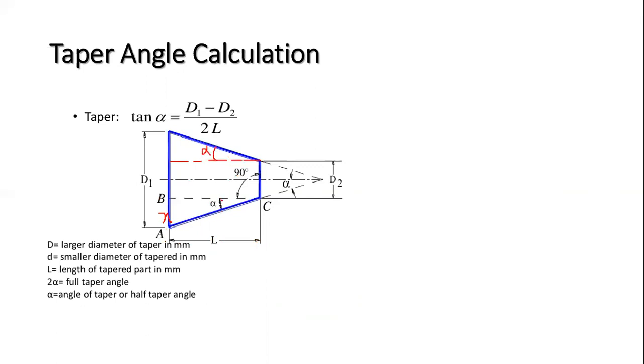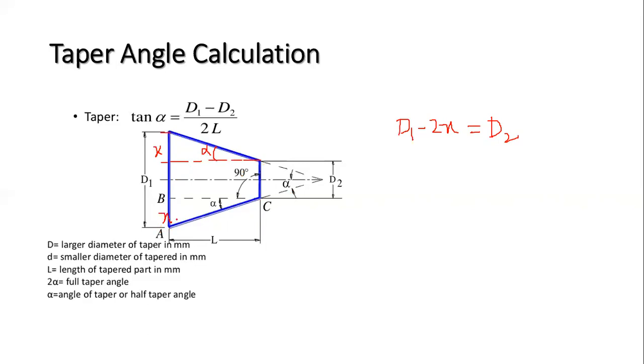So this distance will be X. Now we can see D1 minus this portion and this portion, that means X plus X, that means 2X, is equal to the distance D2. I'm assuming the value of AB is X.